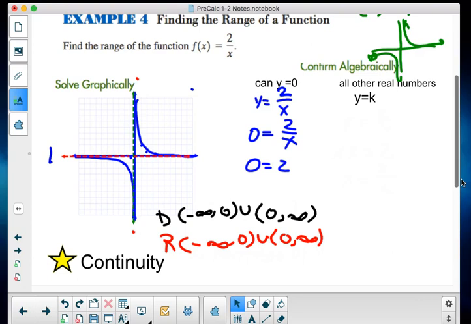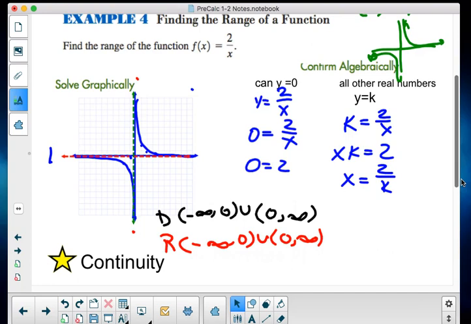It makes sense that we don't have anything on my y-axis, because it can't be 0. If I look at all other numbers, and I plug in k for my y and solve for x, I get that x is equal to 2 over k. For any value that I put in, I'm just dividing 2 by that value for my x value.